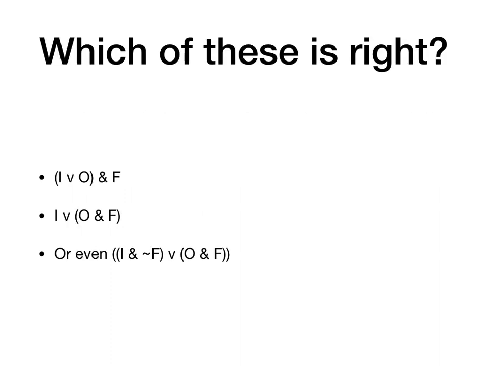Which of these combinations represents the English sentence? I don't know. In the first one, either he took Jill or Joe, and in either case he had fun. Or does it mean he took Jill? Or he took Joe and had fun?